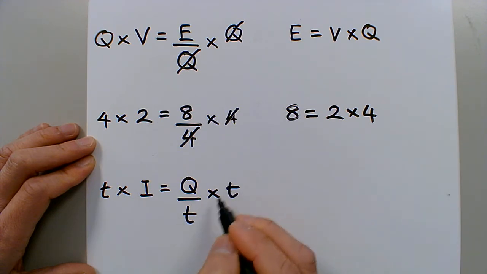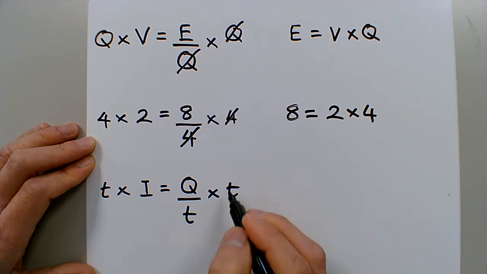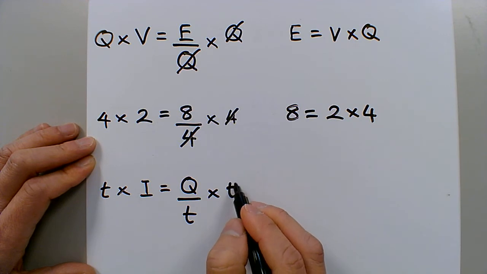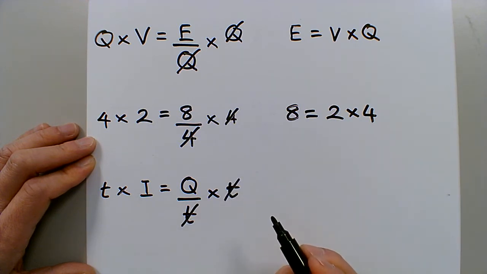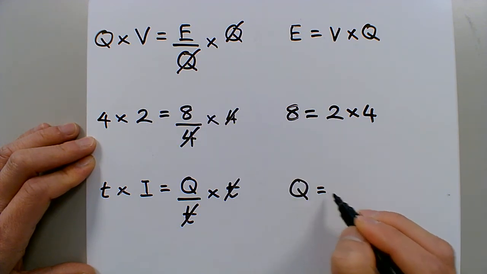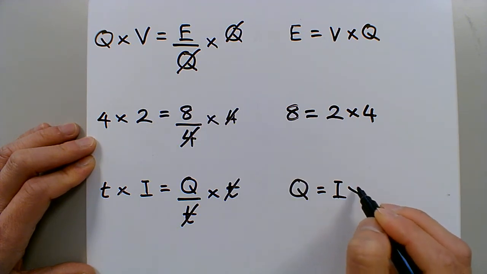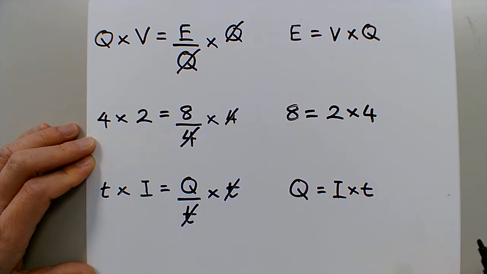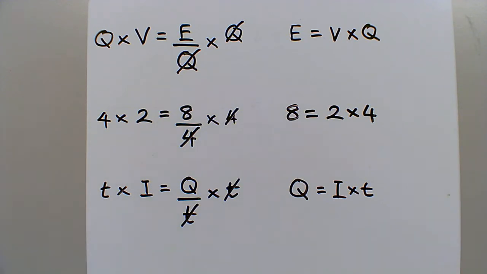Because these are both divisible by the same character, we can cross those out because they cancel out, and if we rewrite the equation, Q is equal to I times T, or IT. So hopefully you got that correct.